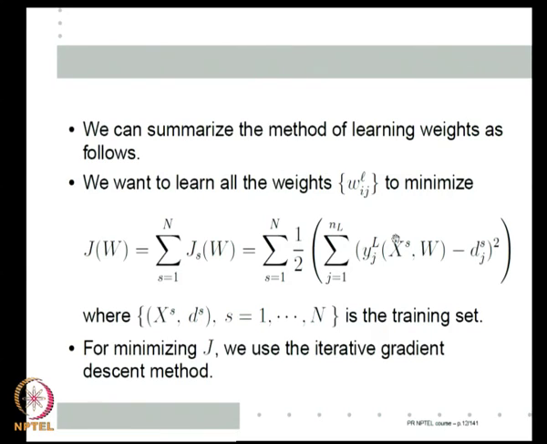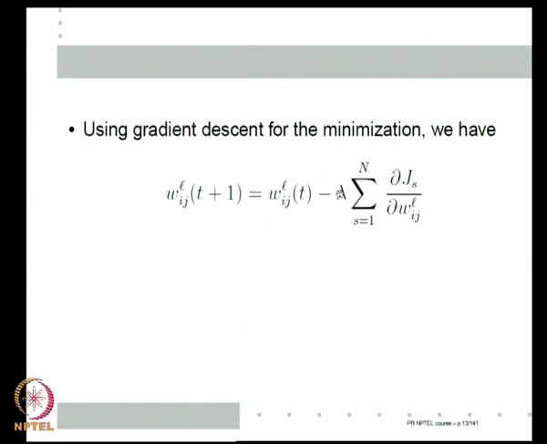So, when I find the network output, I put x_s as the input and then find its difference with the sth desired output. Except for this, each of the J_s are the same, just with different x_s at the input and different desired outputs. So, each of these partial derivatives would have the same structure, but this will be my gradient descent minimization.